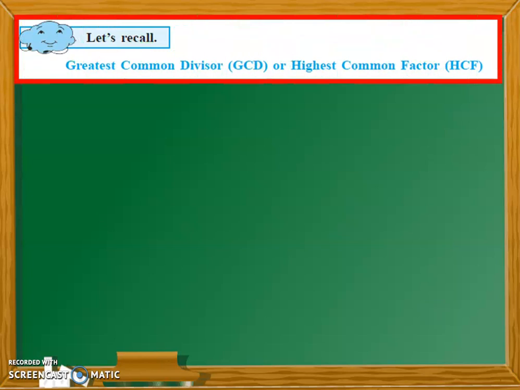Now let's start with a new topic based on this prime factorization only. In 6th standard you have learned about highest common factors. Highest common factor, which is known as HCF and also known as greatest common divisor, GCD.